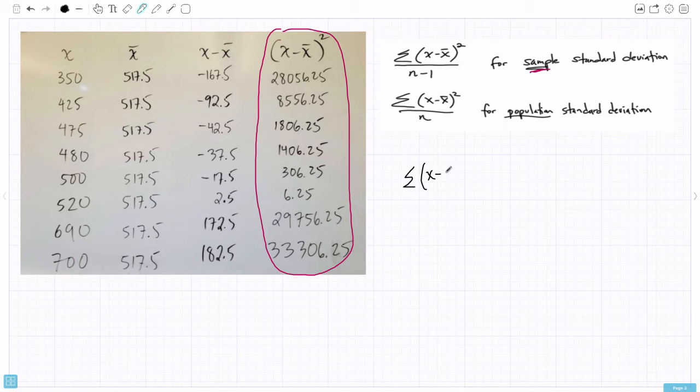So the sum of the squared differences is 28,056.25 plus 8,556.25 plus, and continue.